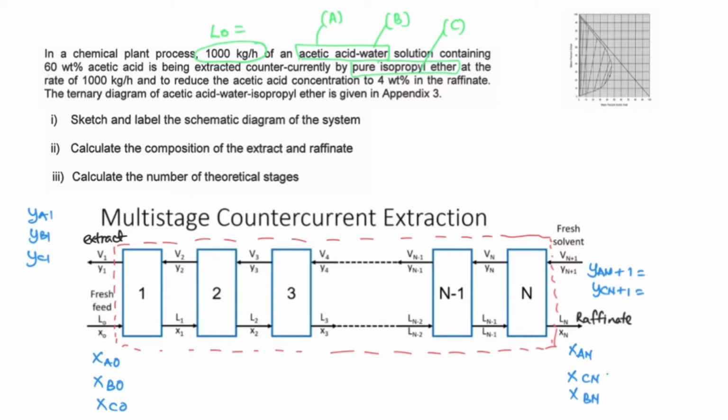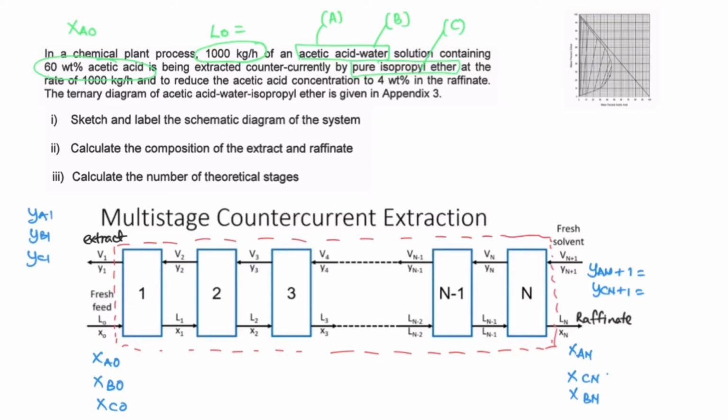You can label that information as 60 weight % of A, which represents XA0. We are also given 1000 kg of pure isopropyl ether.